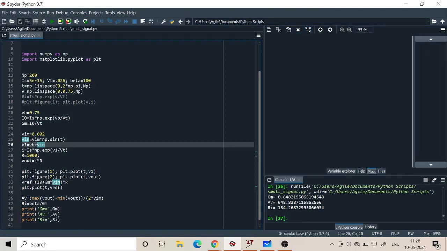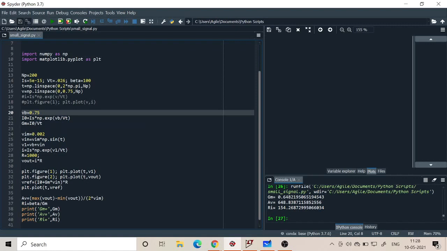If you look here, I have defined my IS as 5 into 10 raised to minus 15. Okay, you can make it just 10 raised to minus 15 itself, and then VT I have taken as 0.026, and beta I have taken 100, and then I am creating a time variation of 2 pi in order to show a sine wave, and then this is my bias voltage 0.75, and then the DC current I am denoting as I naught.